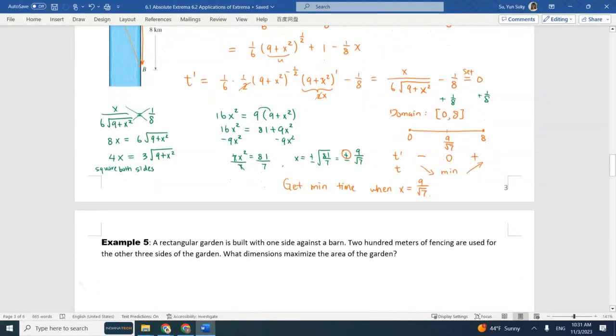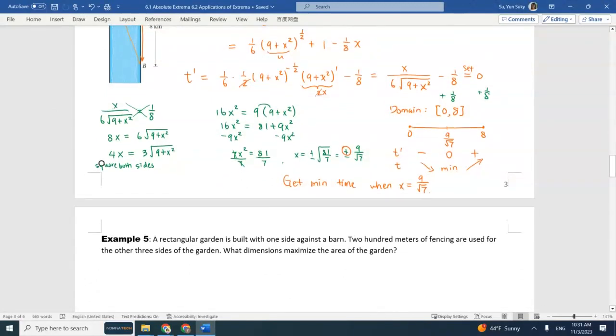Okay, so example 5. A rectangular garden is built with one side against a barn. 200 meters of fencing are used for the other 3 sides of the garden. What dimensions maximize the area of the garden?